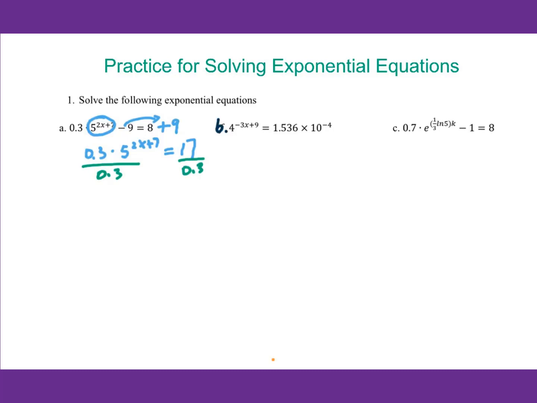You will get 5^(2x+7) equals 17 over 0.3. Then you will take a log on both sides, log base 5.